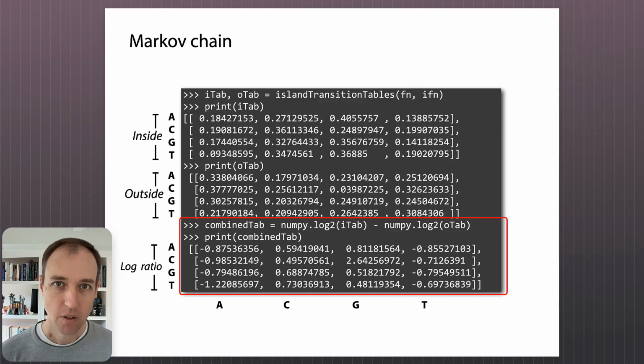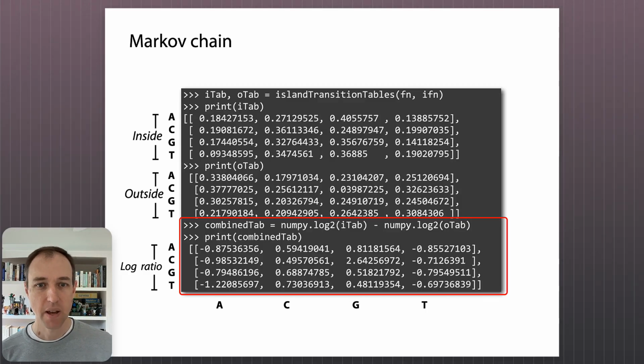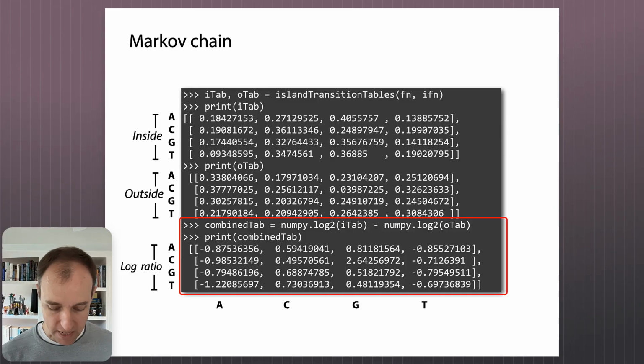Okay? So thinking of it in terms of Python, the first table, the one on top, holds conditional probabilities, not log probabilities. These are just straight up conditional probabilities from inside CPG islands. These are from outside CPG islands.